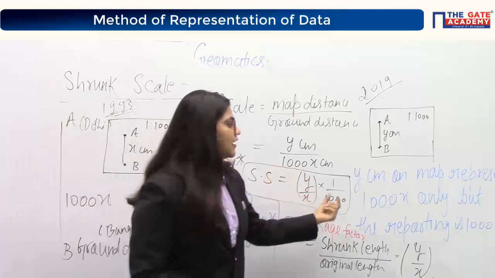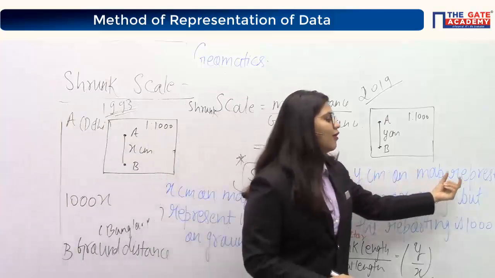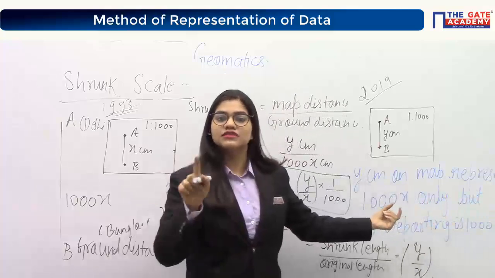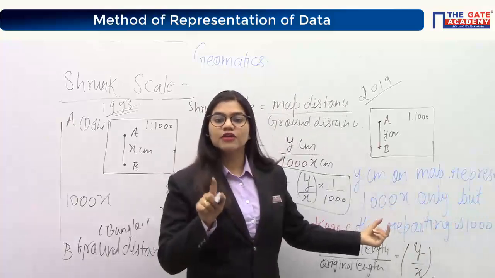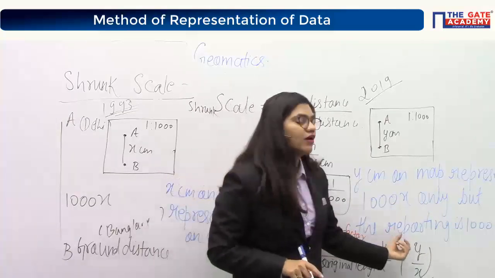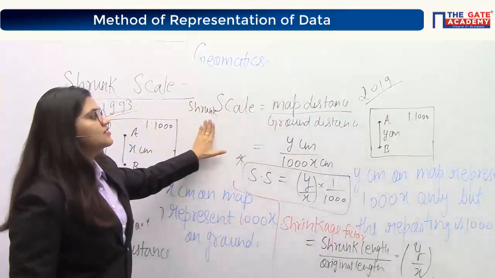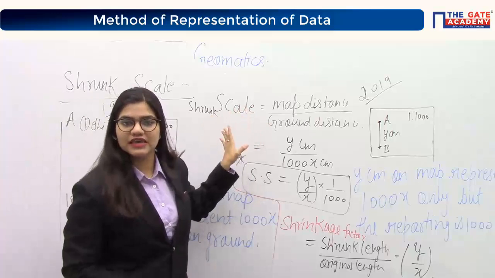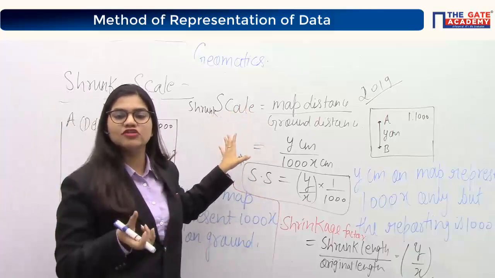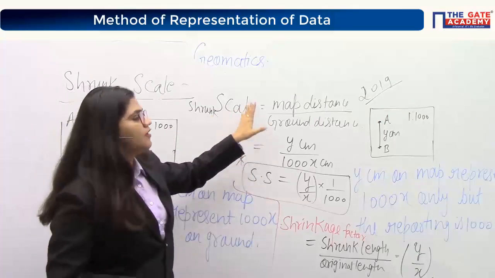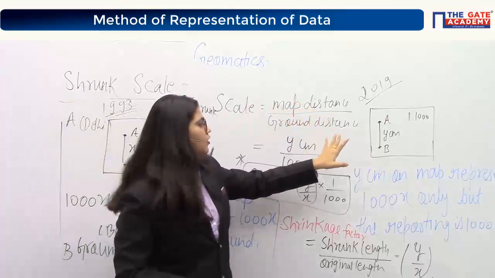So when I see the y centimeter on map represents 1000x only, but the reading value is your 1000y. So when I want to know the new shrunk scale, that will be nothing but map distance by ground distance.